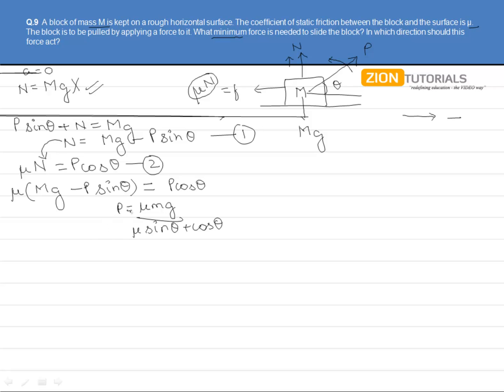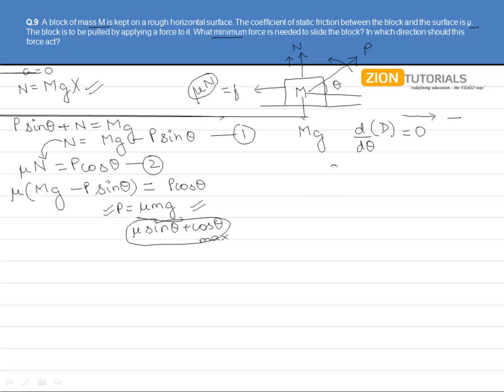Now, we can say that this force will be minimum when this whole expression is minimum, and this will be minimum when the denominator is actually the maximum. So we need to maximize this denominator, which will be maximum only when the derivative with respect to theta of the denominator is 0.